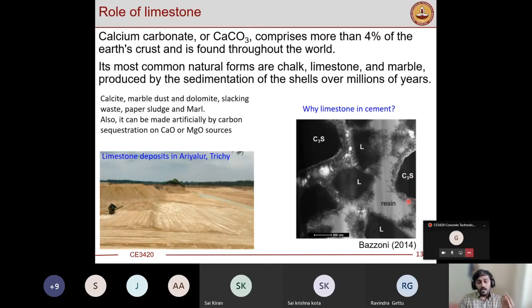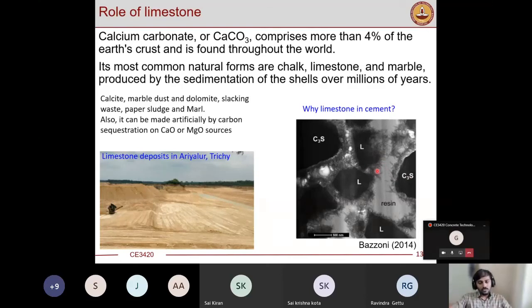You can see, interestingly, when you have limestone, because it has calcium, the surfaces of calcium act as a region for nucleation of your CSH. So on top of your limestone grains, you start precipitating CSH initially, right? Similar to your C3S, your limestone will also form CSH on its surface.